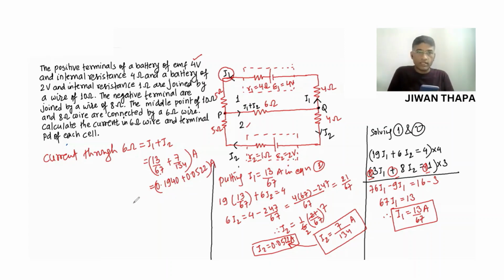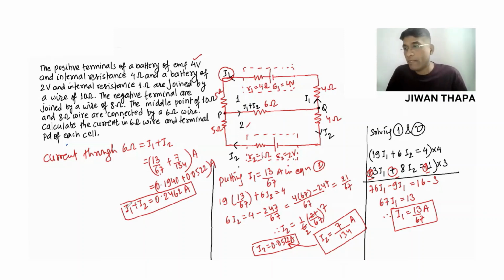So we get this. I1 plus I2 equals 0.2462 ampere. So current flowing through 6 ohm is 0.2462 ampere.